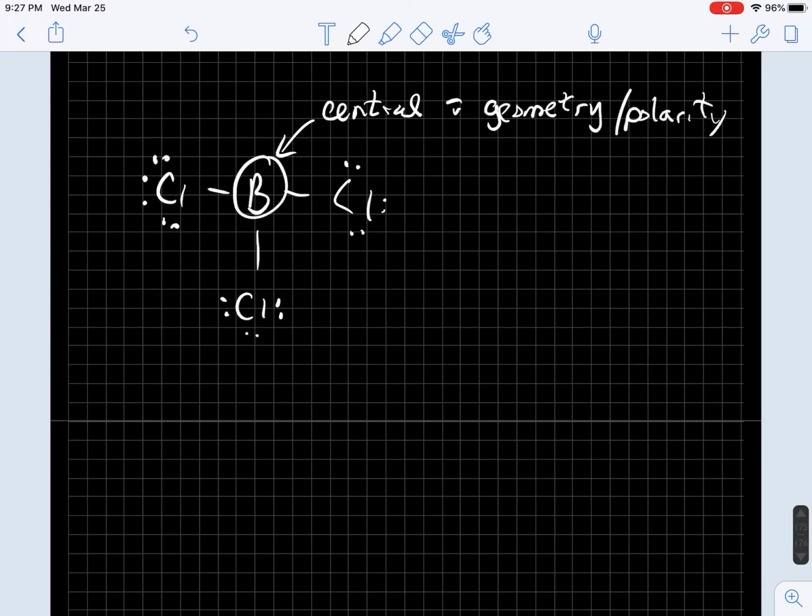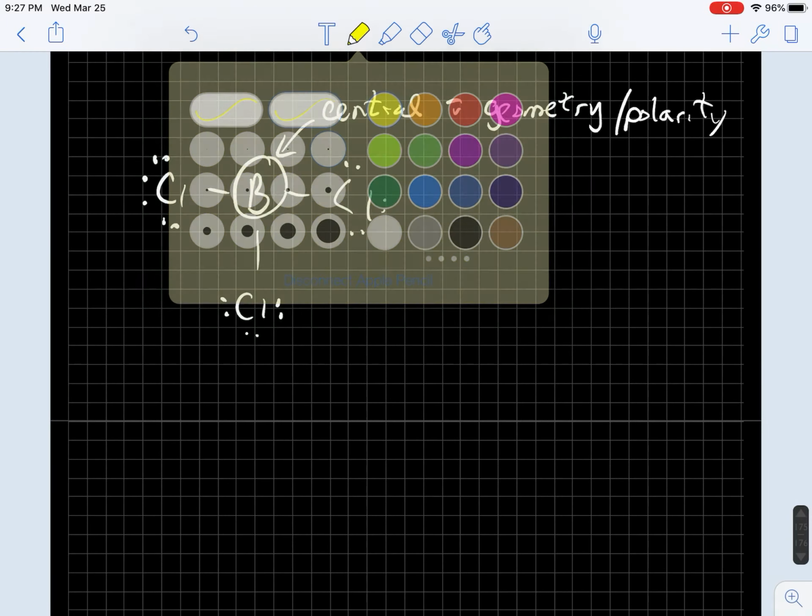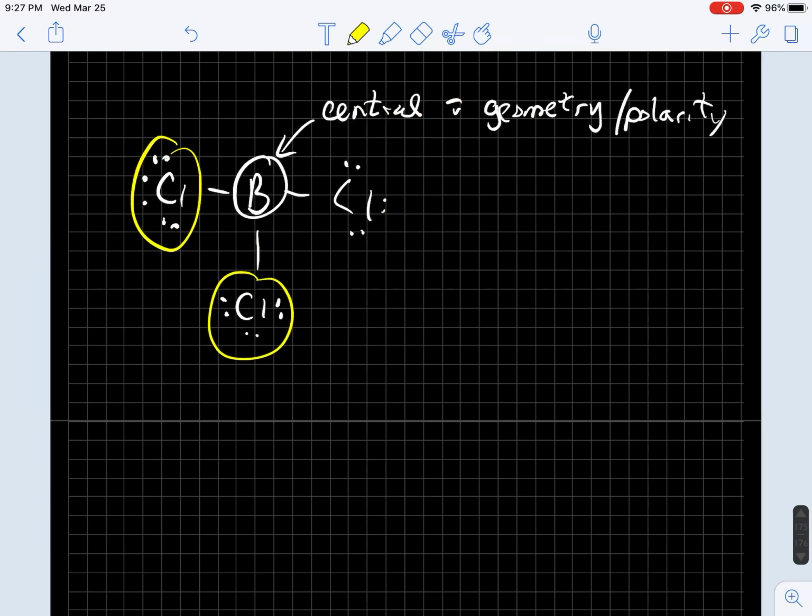So in this case, we have 3 chlorines, so we have 3 areas of space that we have to accommodate. 1, 2, 3. And the best way to spread 3 things out, if you have a central atom, is to spread them out into the corners of a triangle. So this creates a bond angle between the chlorines of 120 degrees.